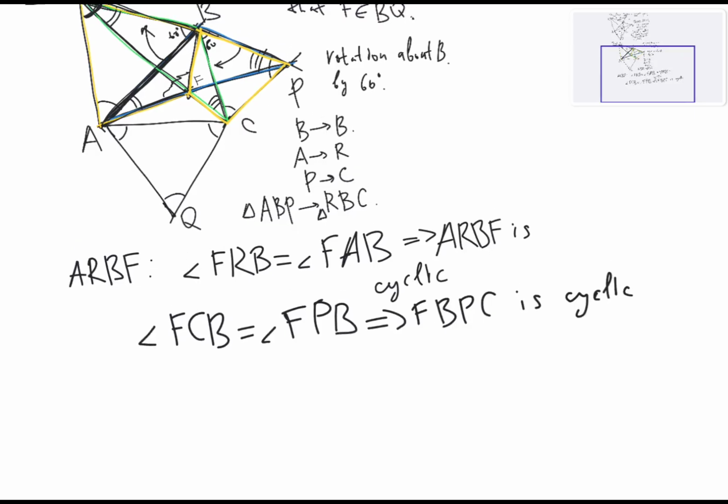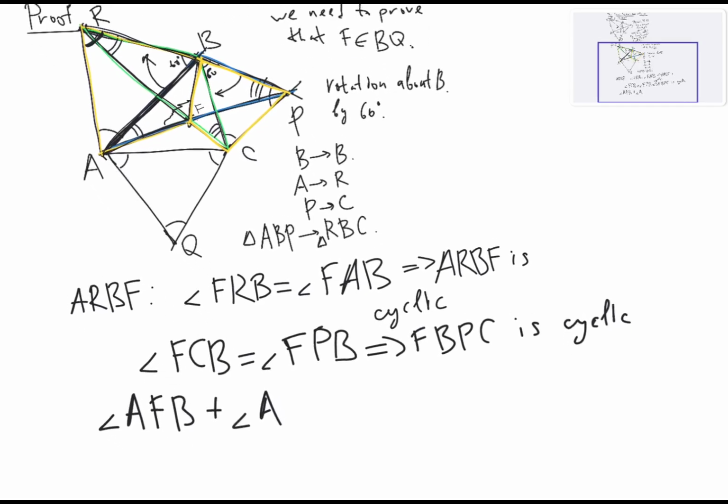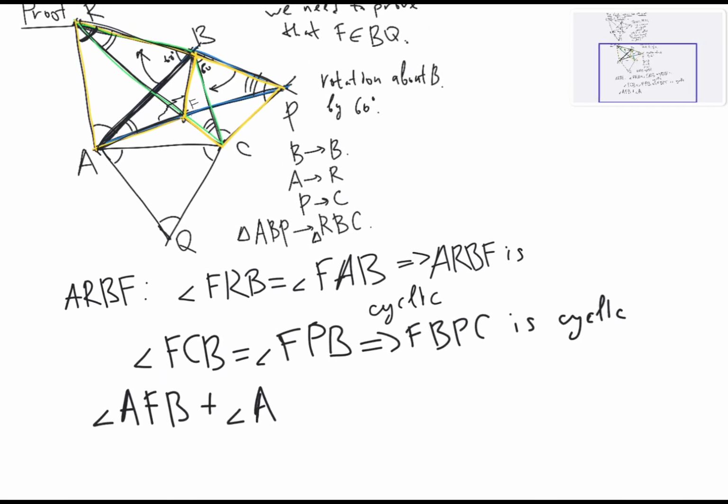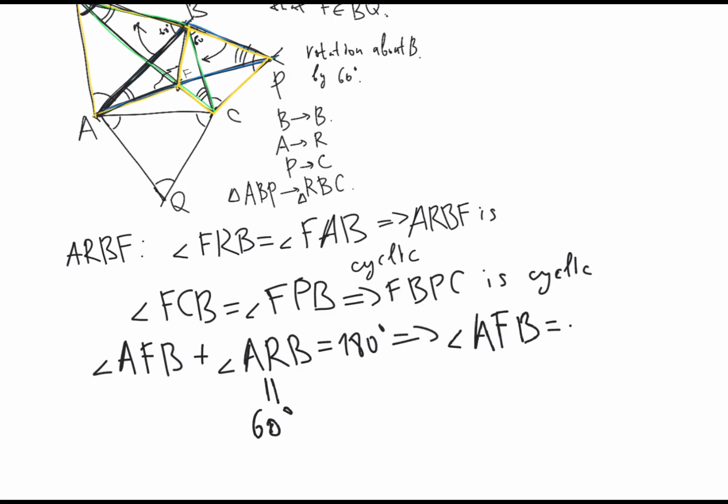So the angle AFB, let's write in full: AFB plus the angle ARB is equal to 180 degrees, but ARB is equal to 60 degrees because it's an angle in the equilateral triangle. So therefore the angle AFB is equal to 120, 180 minus 60.